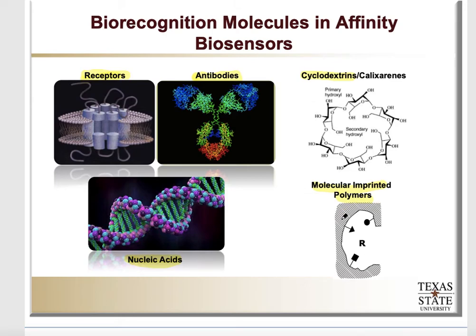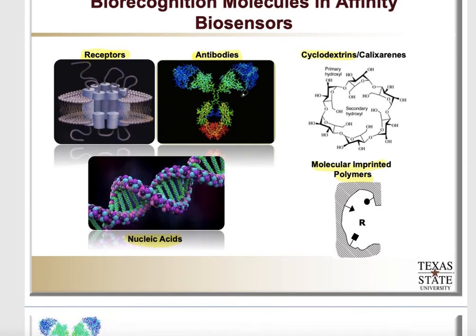And so you prepare that cross-linked polymer network in the presence of the target analyte. And once you remove the target analyte, then you're left with a cavity that has the right shape, so the right sterics, as well as the right functional groups being presented to enable good interaction with the target. All right, so knowing all of this, now we're going to start focusing on antibodies on the next page.